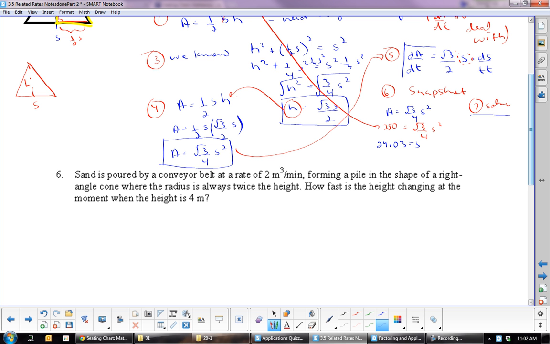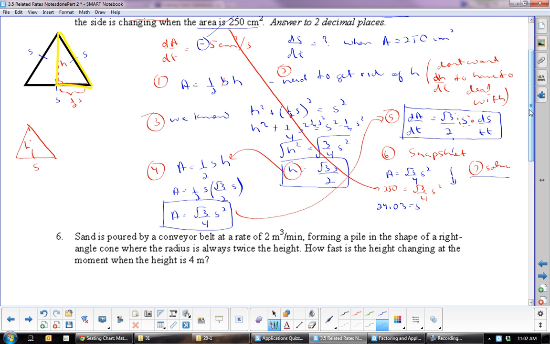So we're using this formula right here. That's my derivative of this. dA over dt equals 2 times root 3 over 4 S times ds dt. My little arrow there.